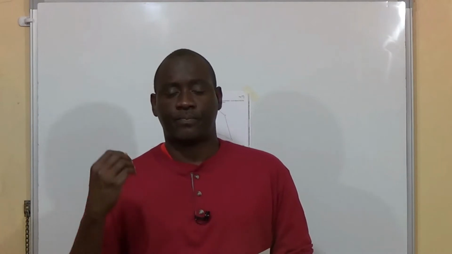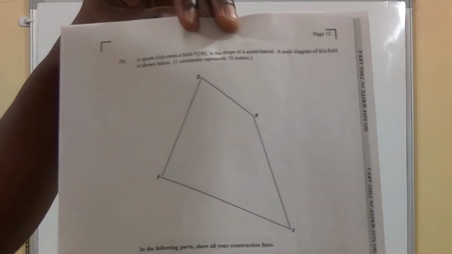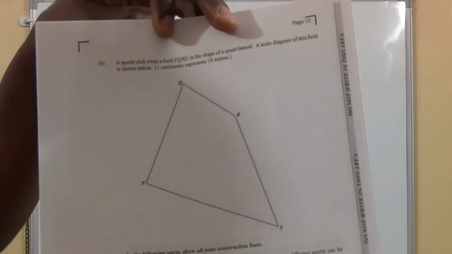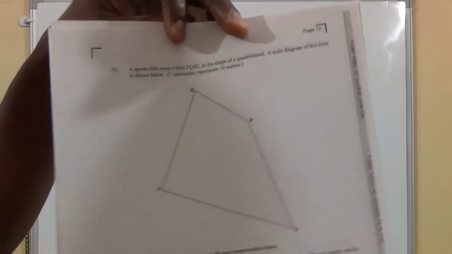So what I'm going to do is bring the question right up in your face, so to speak. Basically what happened is that in 2020 they actually gave us a diagram. They didn't really ask us to do a whole set of constructions. They just gave us a diagram to work with, and we had to work with that.